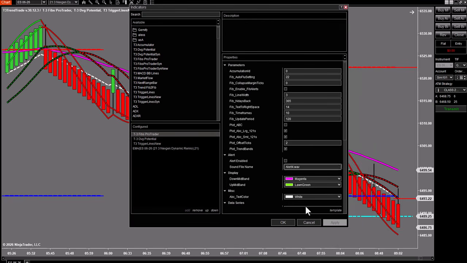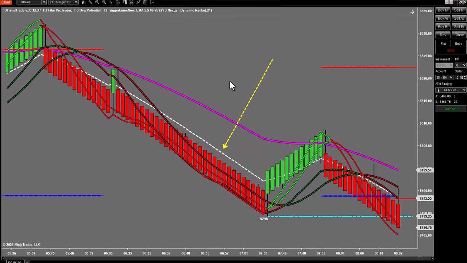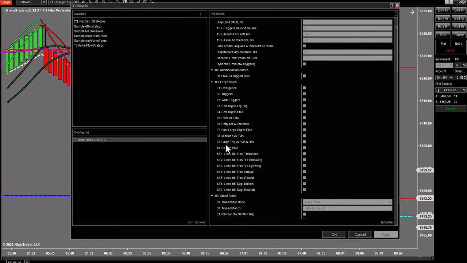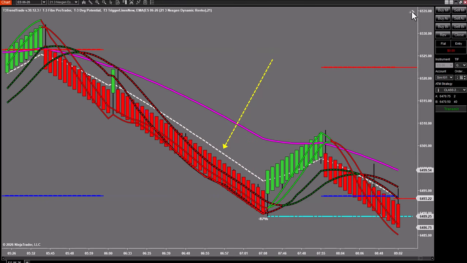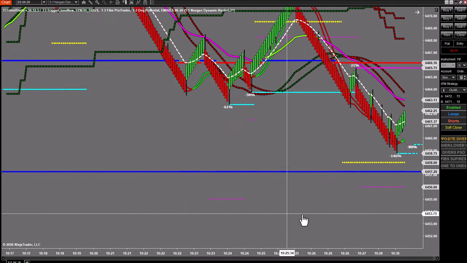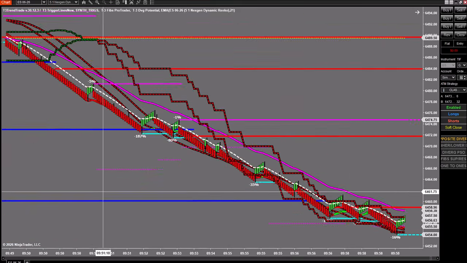So anyway, the number 9 input on the strategy, I have disabled on mine personally because the small chart handles this work. So number 9 says, how far can the large triggers be on the wrong side of the EMA? And I have that off because at this moment in time, let's just say we got a pullback to there, right? I'll just highlight it with a circle. We did get our breakout. Cool.